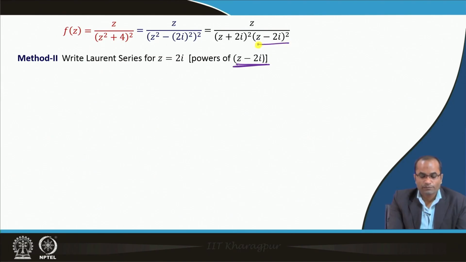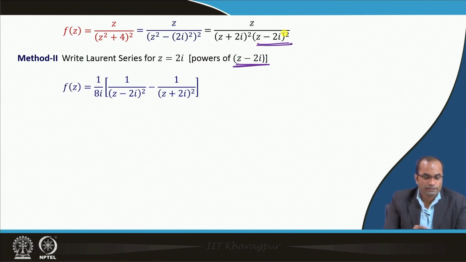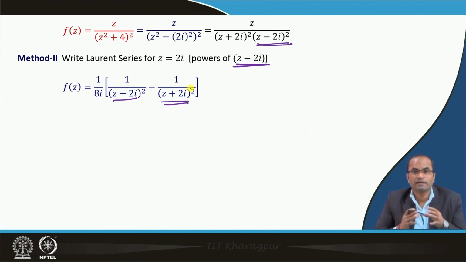So, (z minus 2i) whole squared, one term is already there, so we will not touch that when we do this partial fractions here. So, 1 over (z plus 2i) squared, we can expand in terms of powers of z minus 2i.